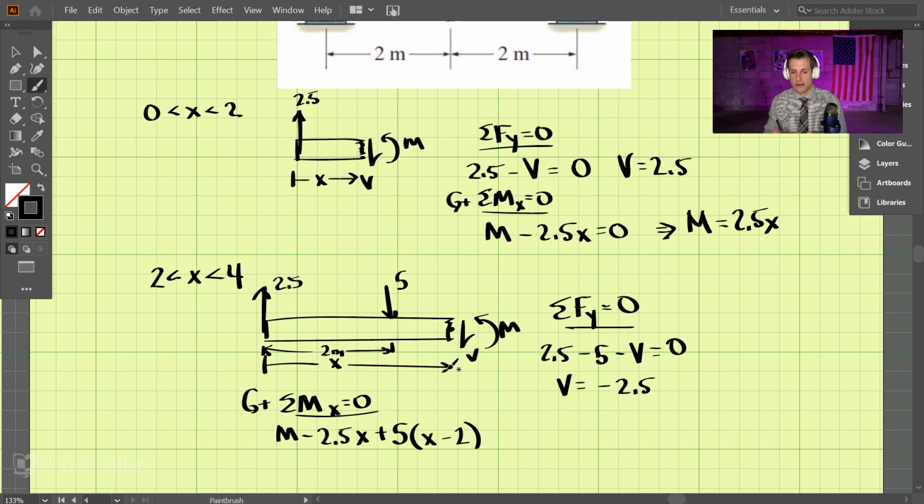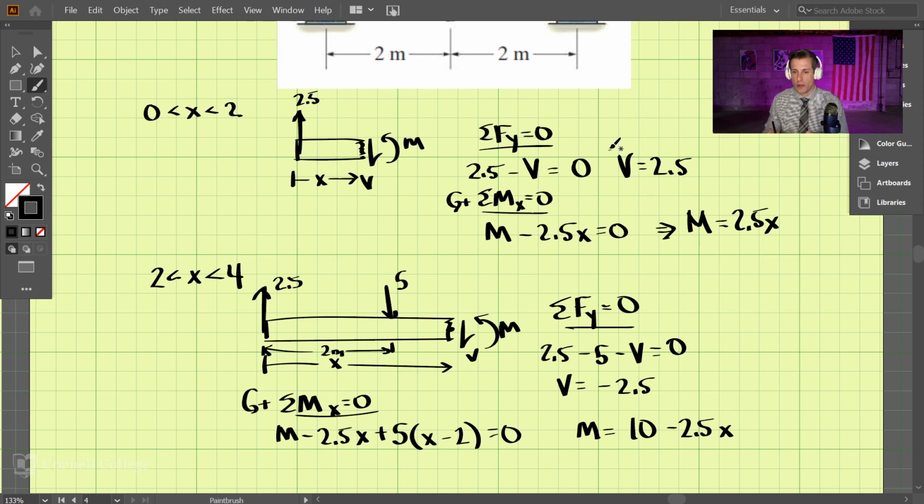So this entire distance minus 2, and that's this moment arm over here. Okay, and set that equal to 0, and we get a moment here, which is 10 minus 2.5x when we distribute this out and solve for M. So that is our moment.